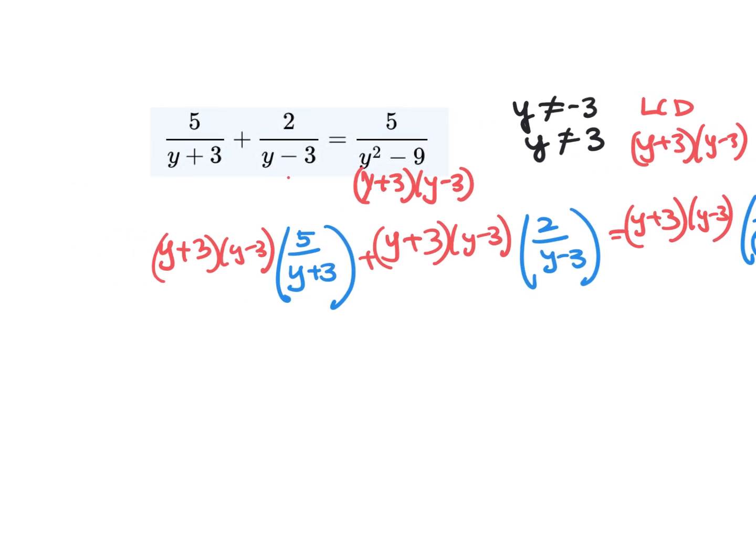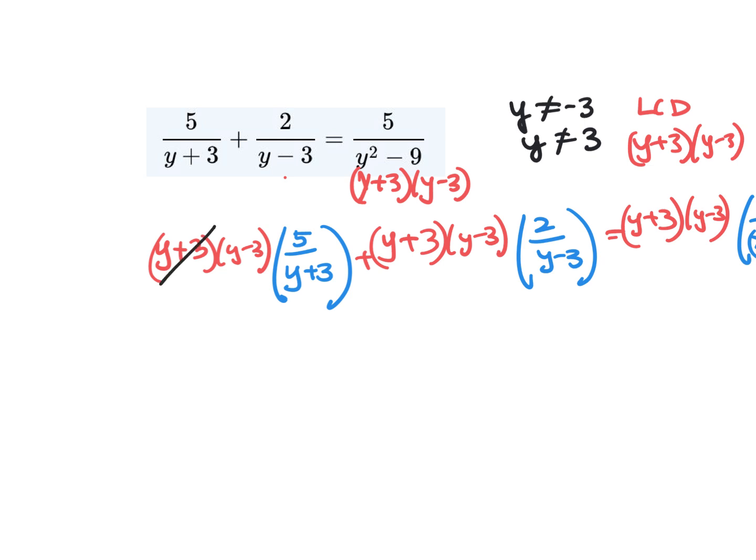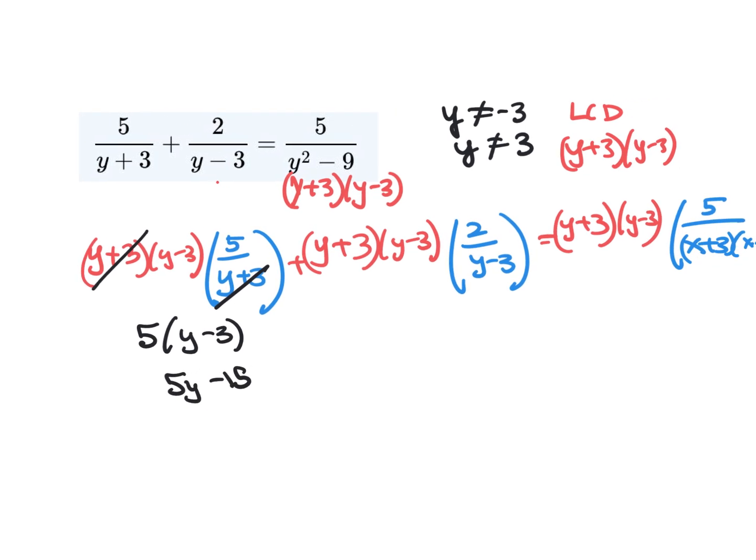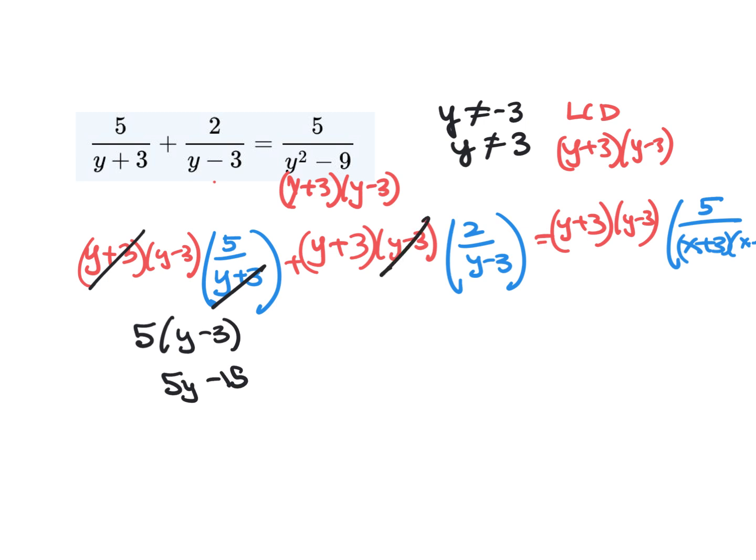And so now I'm going to look to see what I can cancel. I can cancel the y plus 3's. That's going to leave me with 5 times y minus 3, which is 5y minus 15. I'm then going to cancel the y minus 3's, and I am going to multiply the 2 times the y plus 3, which is going to be 2y plus 6.